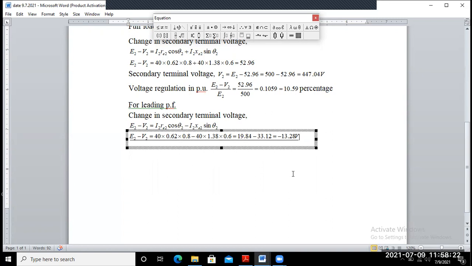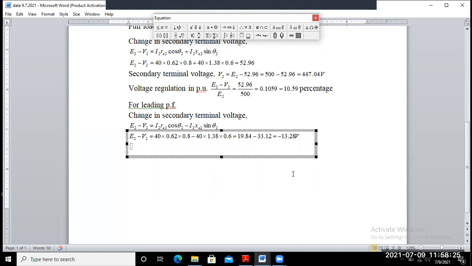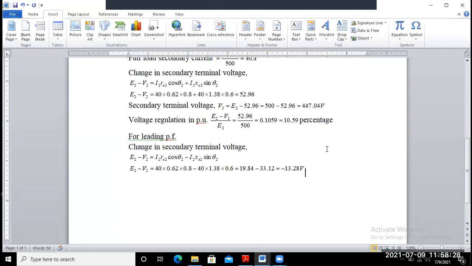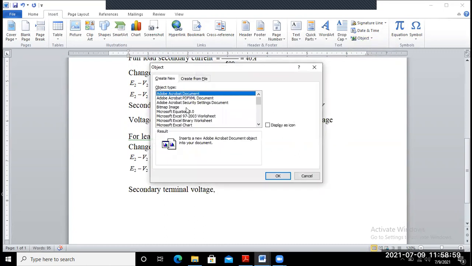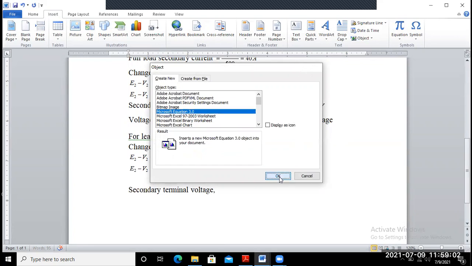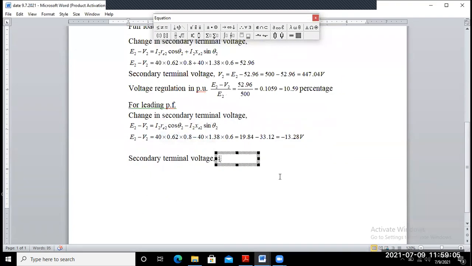So V2, the secondary terminal voltage, is equal to E2 plus 13.28.